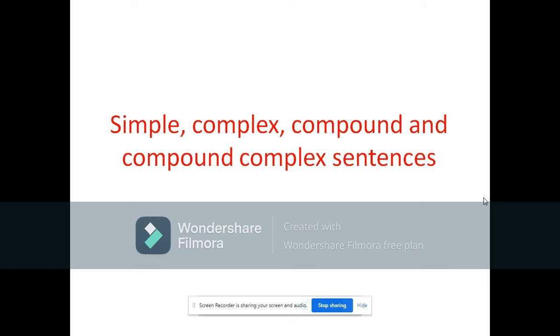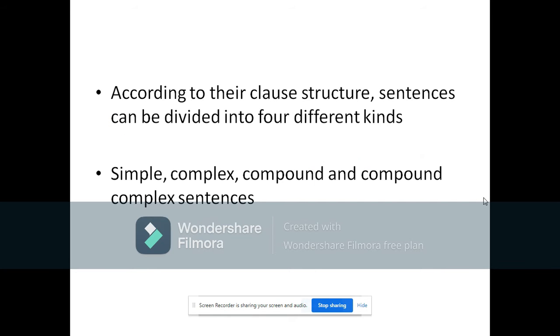Compound complex sentence. According to their clause structure, sentences can be divided into 4 different kinds: simple, complex, compound, and compound complex.